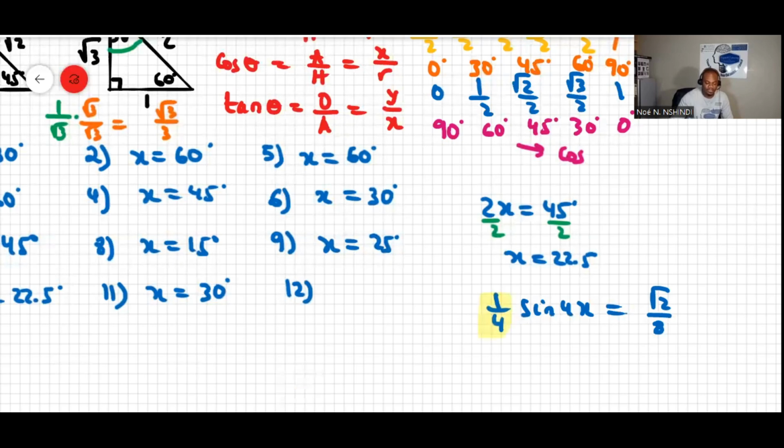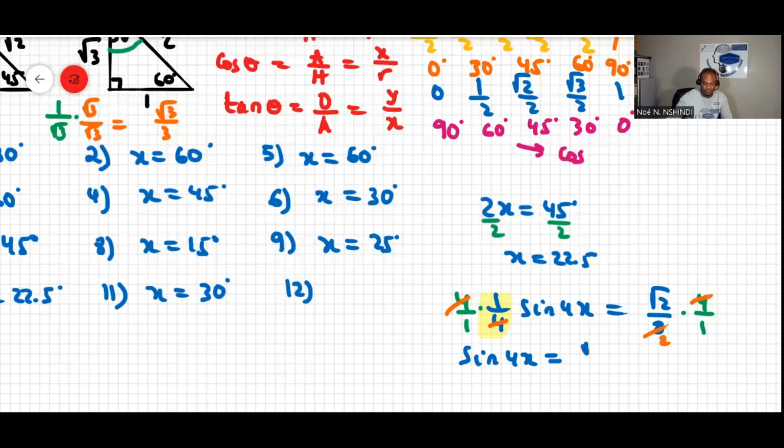How can I? I'll multiply by 4 over 1, the reciprocal, and also multiply the right side by 4 over 1, because whatever we do on the left, we do on the right within an equation. I do that because 4 and 4 will cancel, and then we are left with sine 4x equal to, over here also 4 and 8, because 4 gets into 8 twice.